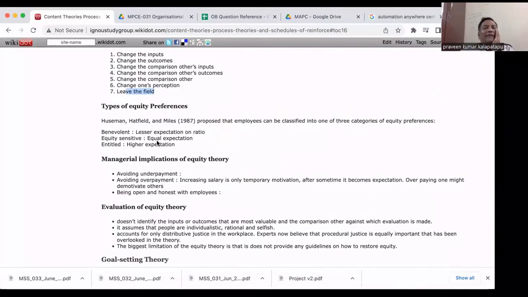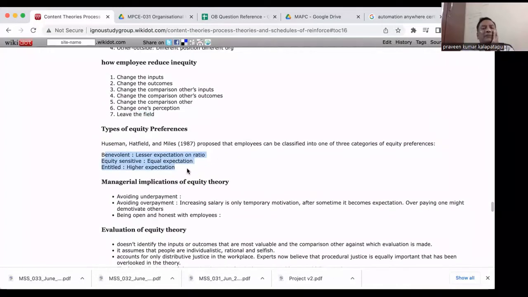Now, types of equity preferences. Basically, there are 3 types of persons when it comes to comparison. One is benevolent, basically a person who has lesser expectations. He knows he is being underpaid, but he is happy. Enjoys. Okay. Somebody who is equity sensitive.